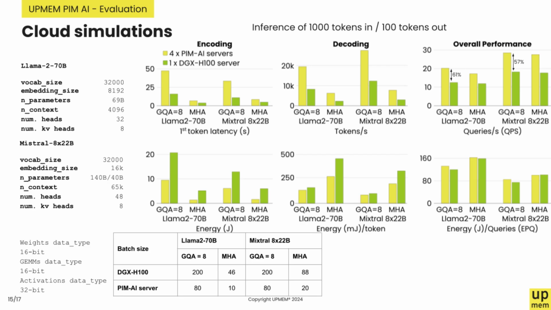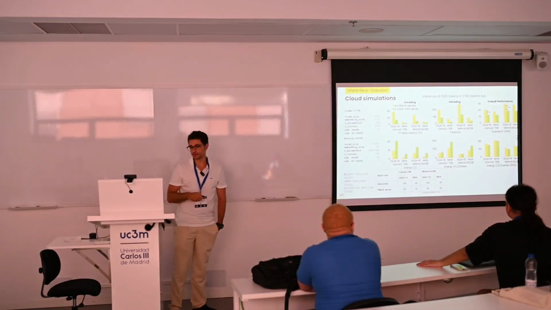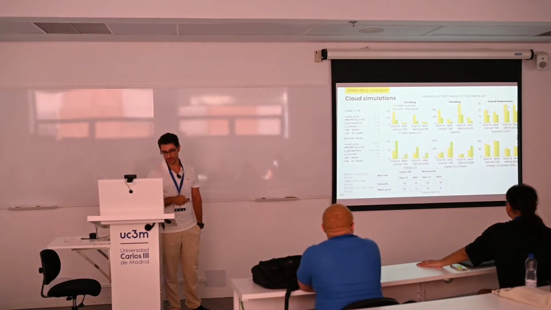If we go on to the overall performance, we see that we can get up to 61%, I think it was, 61% more queries per second in GQA, while we have a similar energy efficiency. Yes, and so overall, the total cost of ownership is much better for PIM.